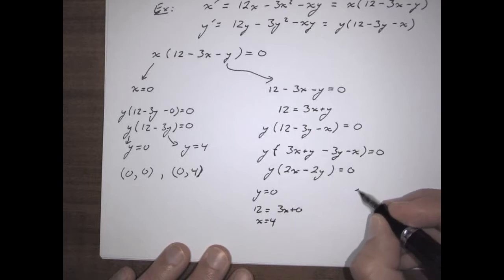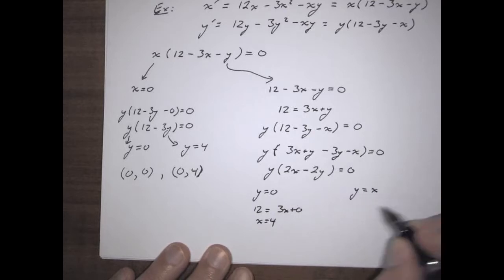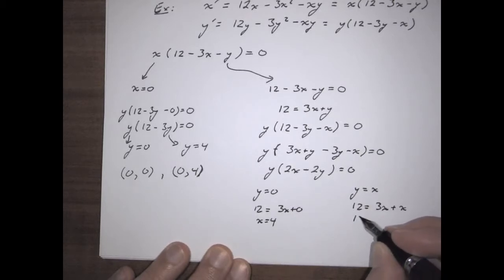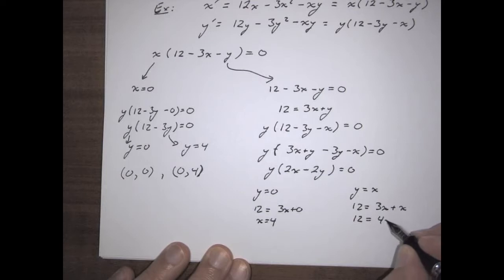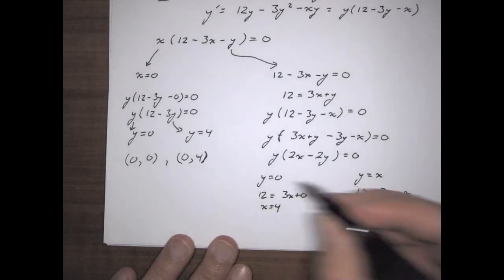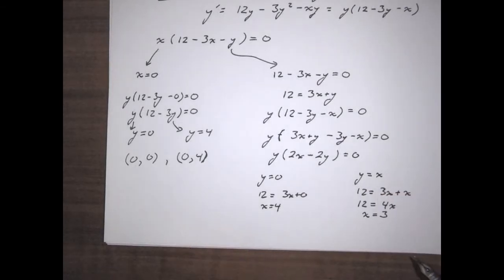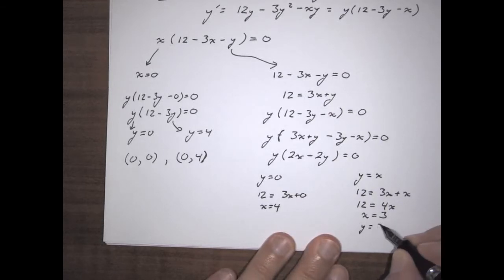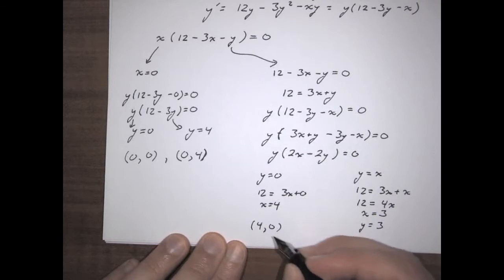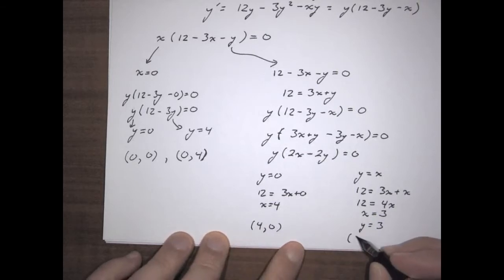Or y equals x, in which case 12 is going to equal 3x plus another x. So in other words, 12 equals 4x, so x equals 3. Now, in the first case, we already knew what y would equal, and in the second case, we would have y equals 3. So this gives us 2 more points, (4, 0) and then (3, 3).